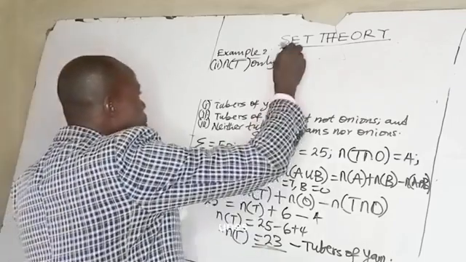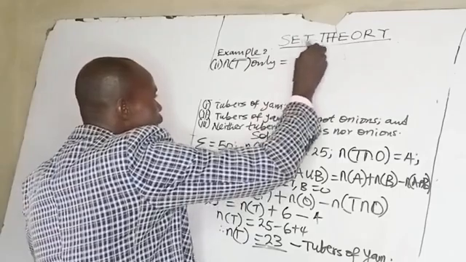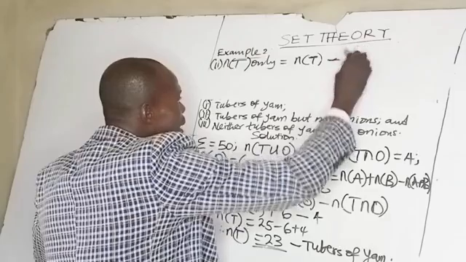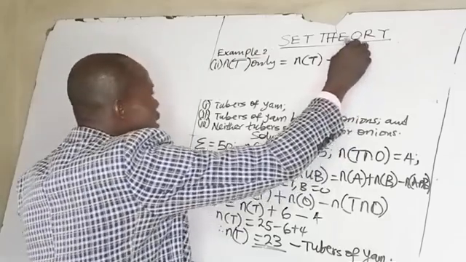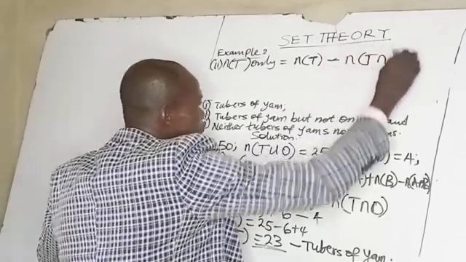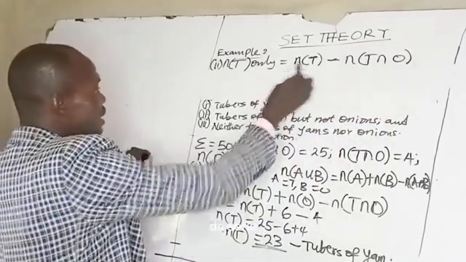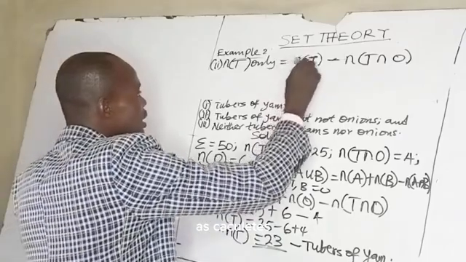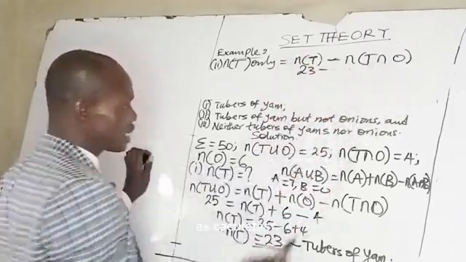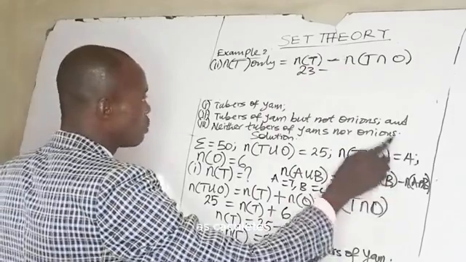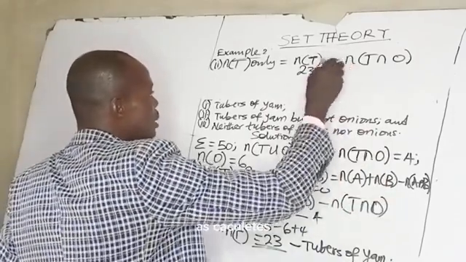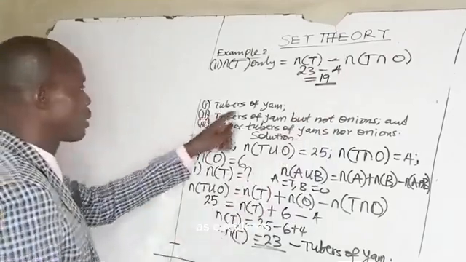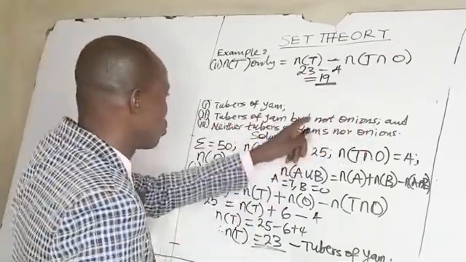So that will be number that sells T. Since it is only, you have to remove their intersection, minus number in T intersection O. So number that sells T, 23 as calculated, minus their intersection, which is 4. So the answer will be 19. So tubers of yam but not onions, we have that to be 19.